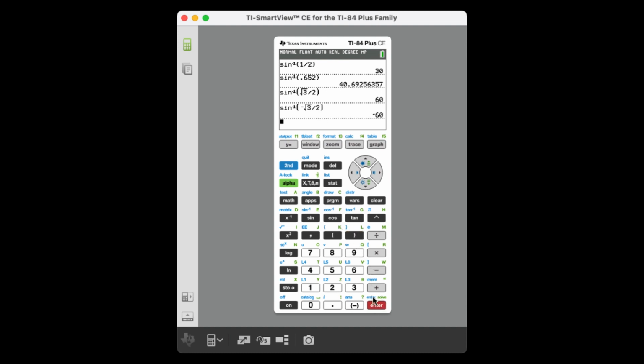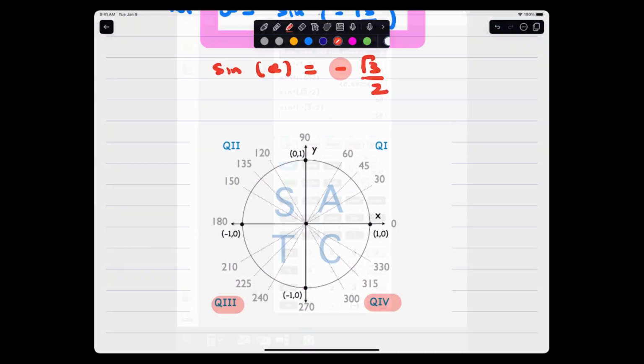And you say, Mr. Judge, it tells me negative 60? What? Why am I getting negative 60? Why do we say theta has to be negative pi over 3?